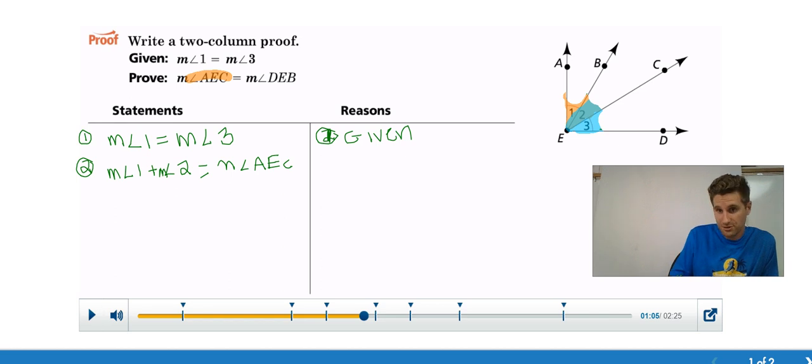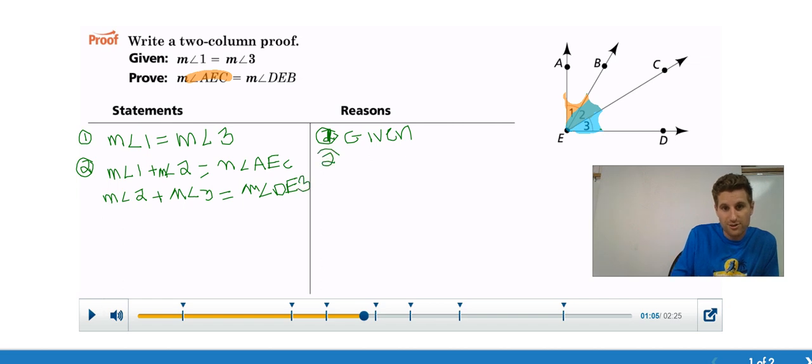But also angle 2 and angle 3, so you can double up here. Angle 2 plus angle 3 equals the measure of DEB.